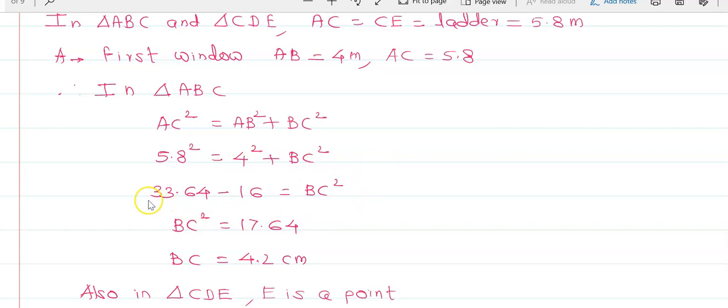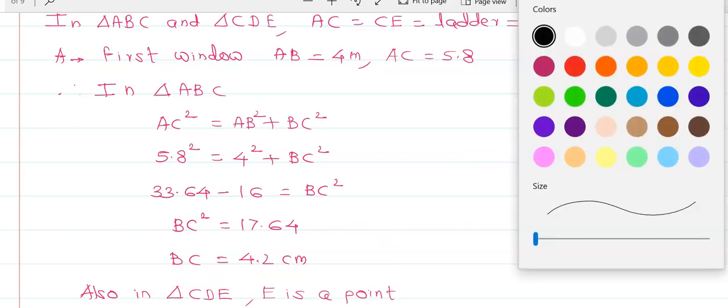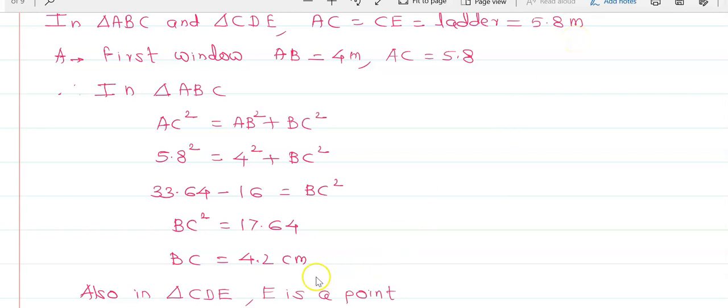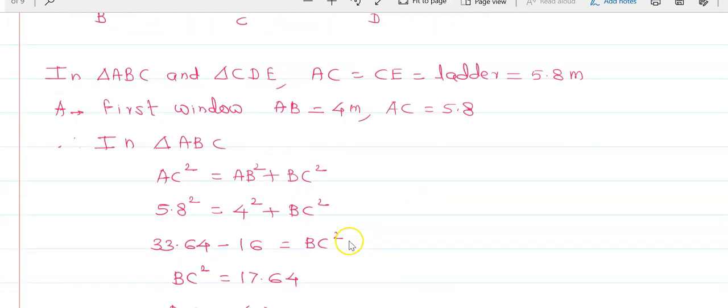BC square is equal to 33.64 minus 16. Therefore, BC square is equal to 17.64. Therefore, BC is 4.2. This is in meter, so I will eliminate the centimeter. This is meter.